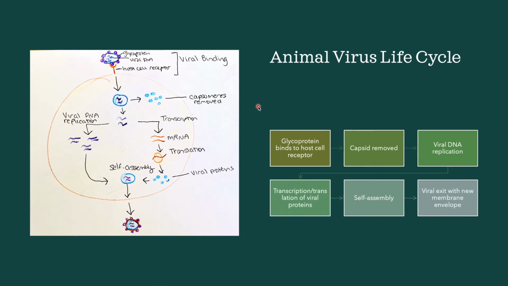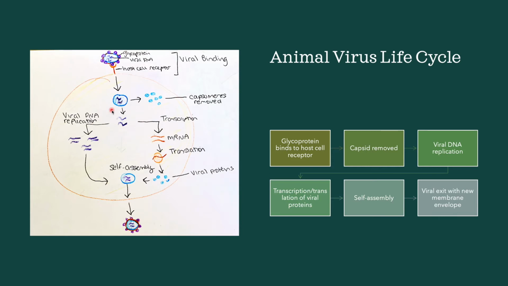Now let's go into the general animal virus life cycle. First, the glycoprotein on the virus binds to a specific receptor on the host cell. Then the virus enters and removes its capsid, exposing the viral genome.